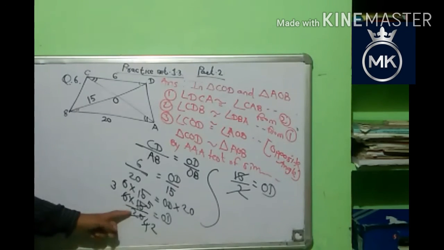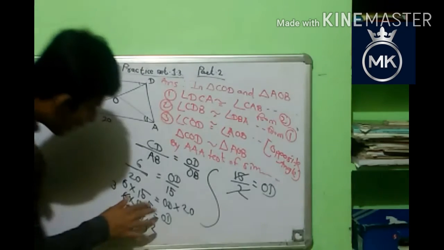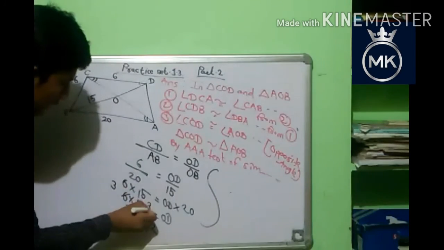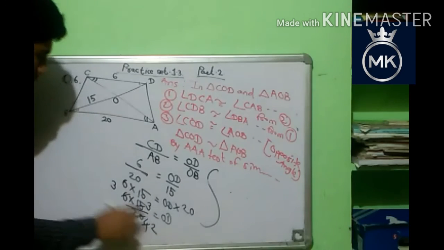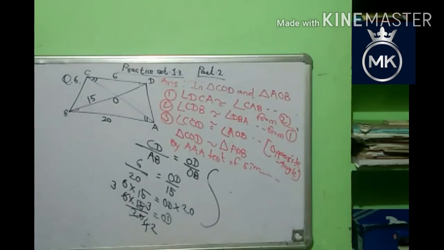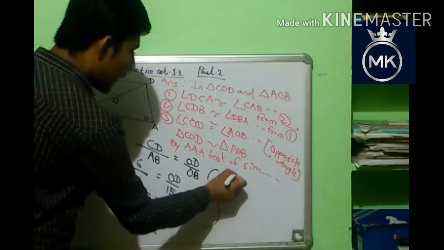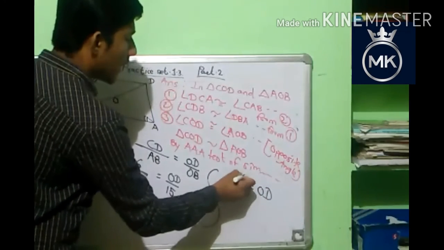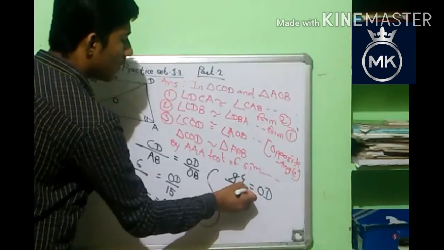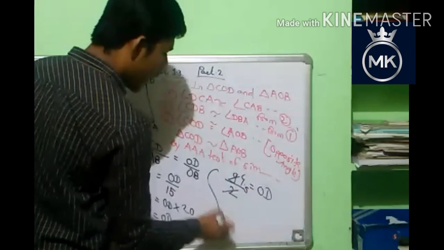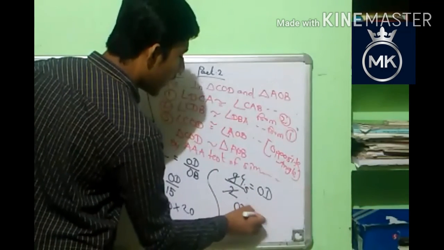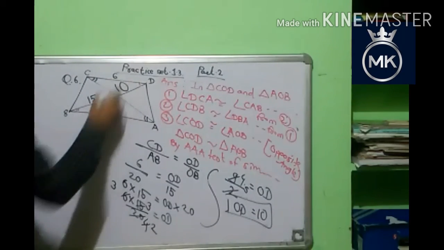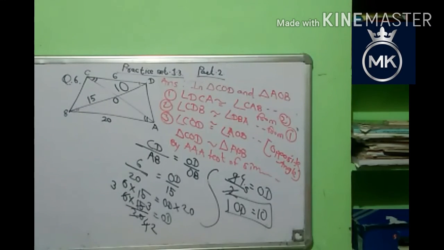In this, 5 4s are 20, 5 3s are 15, this was wrong before, then 2 2s are 4 and 2 3s are 6. So 3 3s are 9 and 2 is equal to OD. So the value of OD here is 10. We have found the value of OD is 10.